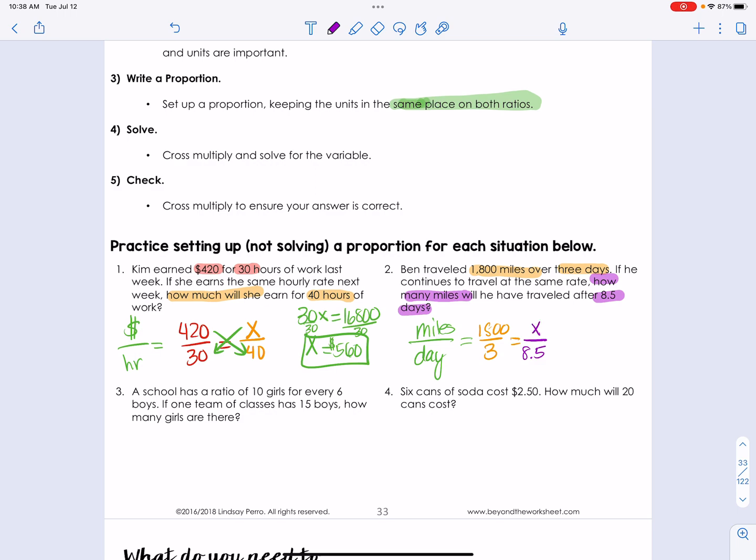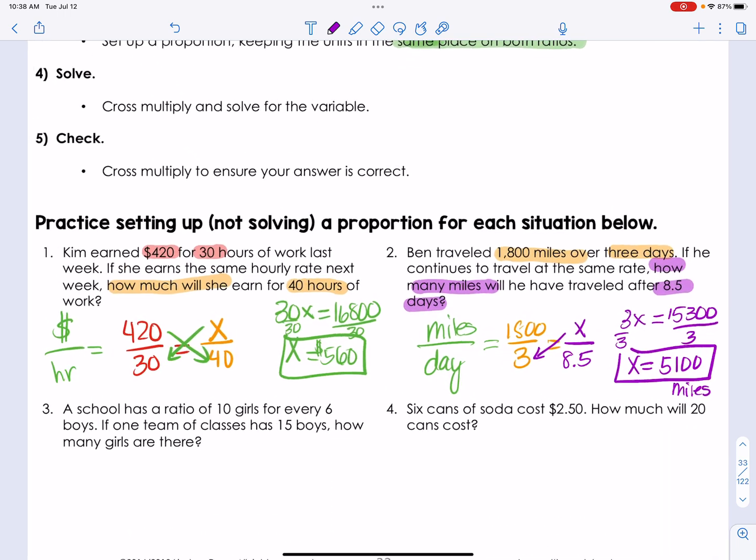I start here and I get 3x, and then I'm going to take 1,800 times 8.5, and I get 15,300. So I'm going to undo multiplying by 3, and I'm going to divide by 3. And I get 5,100 miles. Make sure you label it. Now if I take that times 3, I should get 15,300, and I do. So it's just a way of checking it.